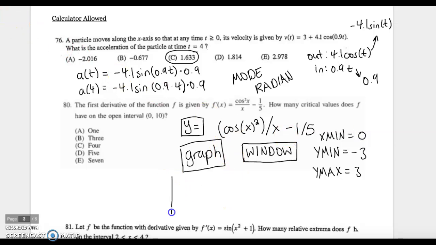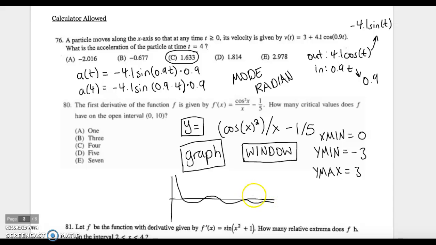When you do that, you should get a graph on your calculator that looks kind of like this. So it comes down, goes back up, comes down, comes back up, comes down, and then just kind of flattens out past that point.